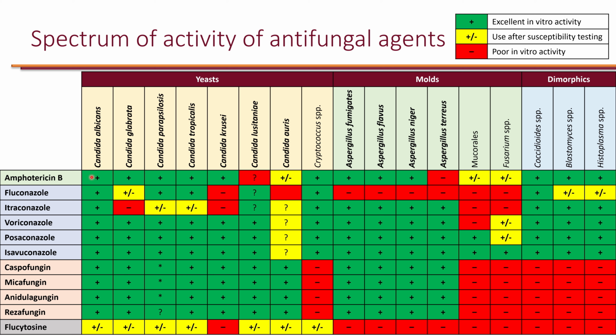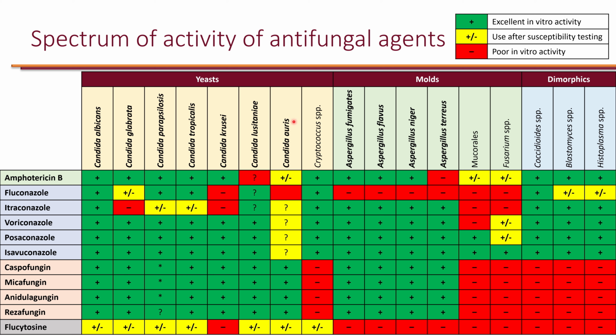Pretty much amphotericin B has very good activity against most of these, except it doesn't have good activity against Candida lusitaniae. Historically, some reports say that it might have activity against lusitaniae, but most sources, and especially classically, say that amphotericin B is inactive against lusitaniae.